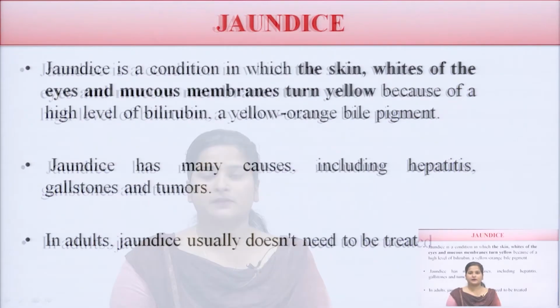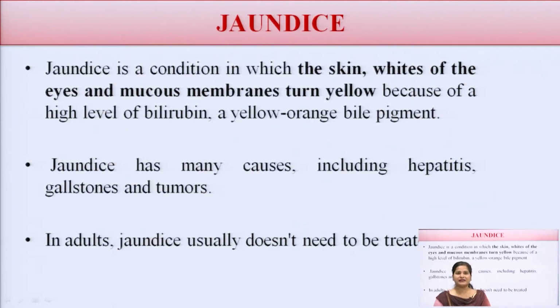Jaundice is a condition in which the person's skin or eyes change color. It changes from the normal color to yellowish. The skin turns pale yellow, and the white sclera part of the eye also turns yellow.